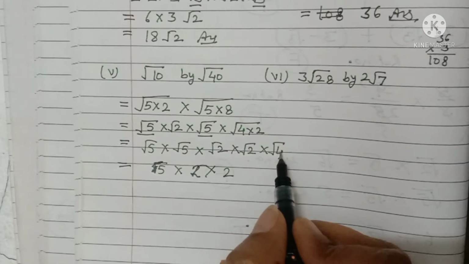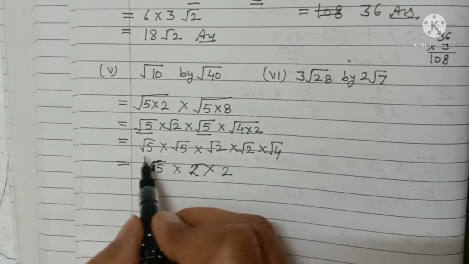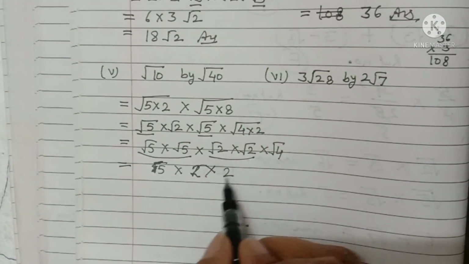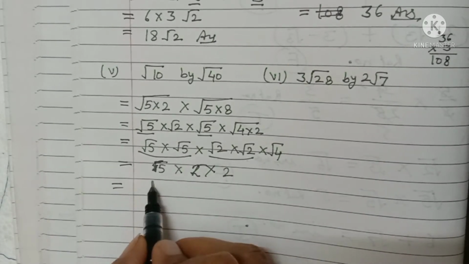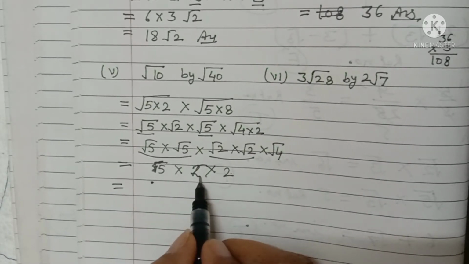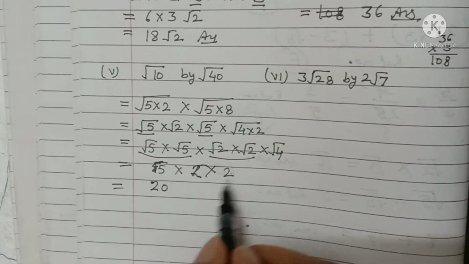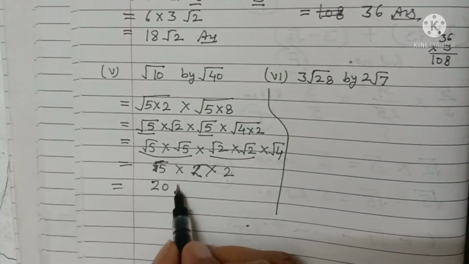Under root 4 is 2 into 2, so you can write only a single 2. This becomes single 5, single 2, and single 2. 5 2s are 10, 2 2s are 4, 4 5s are 20, or 5 2s are 10, 2 2s are 20. Now this is the answer.